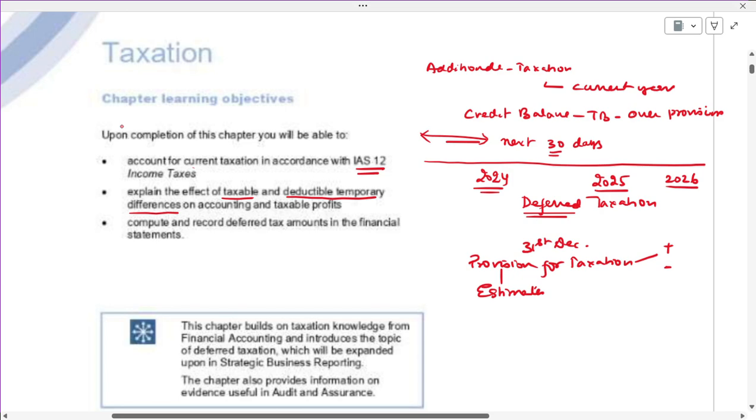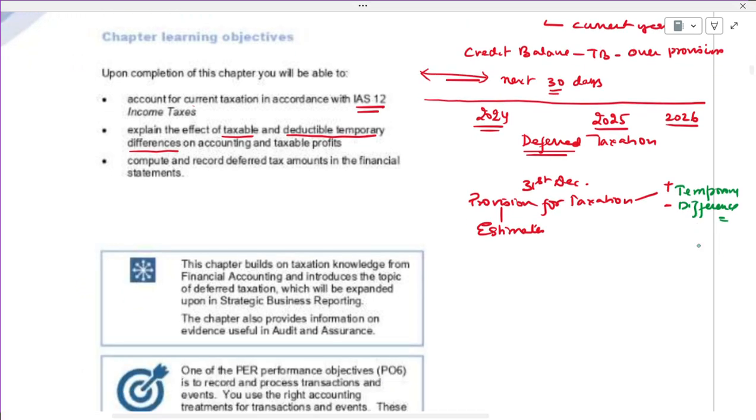When there is a positive or minus, in those extreme cases, you will come across something called a temporary difference. How do we treat that temporary difference?